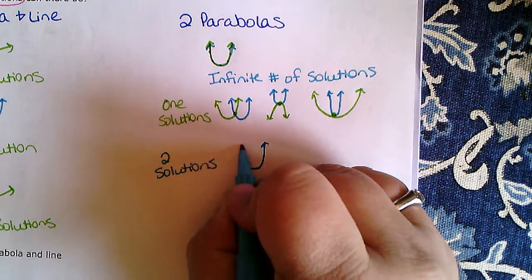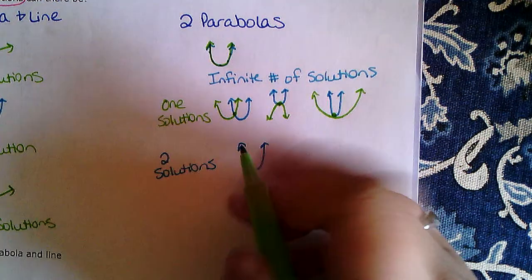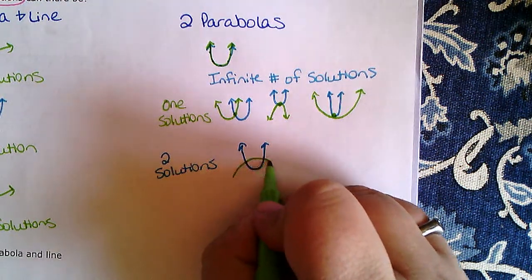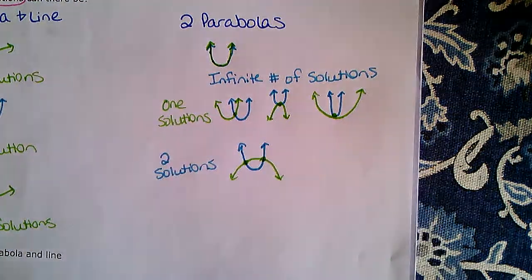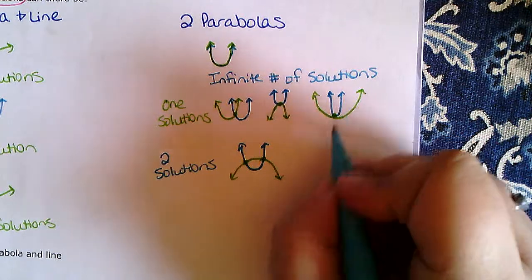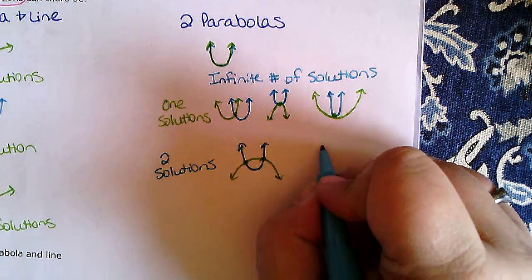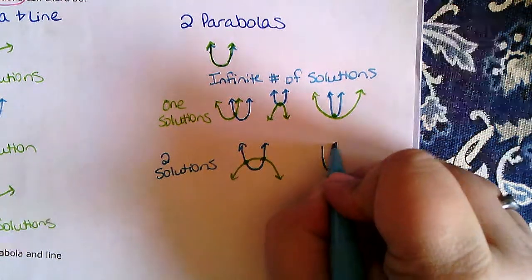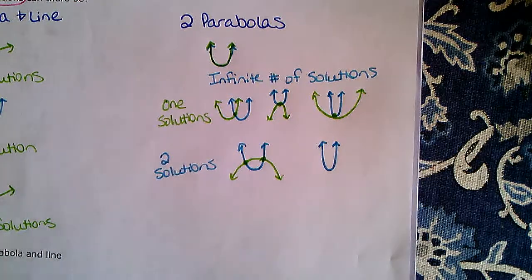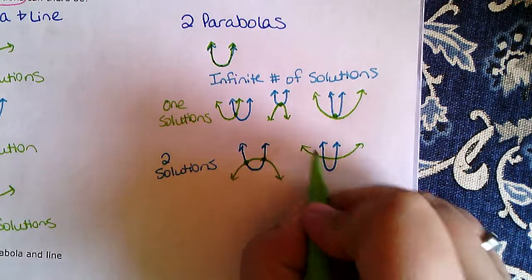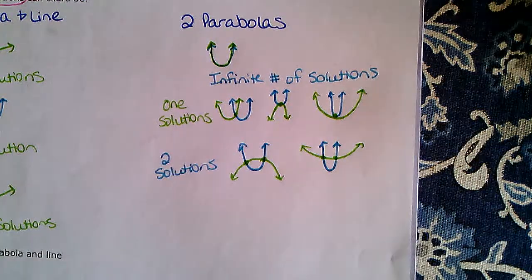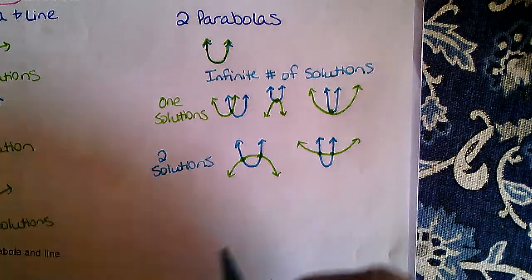We could have a normal parabola, and then one that goes upside down and through it, so we've got two places where they intersect. You could also have one that's a little skinnier and one that's a little wider and goes through it over here, and they intersect in two spots.